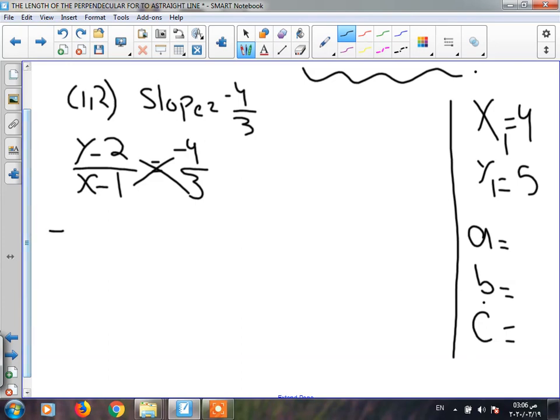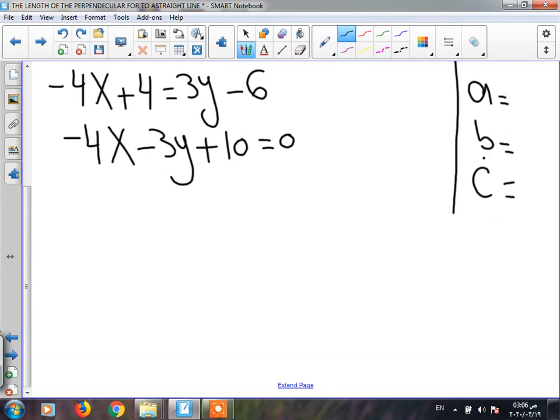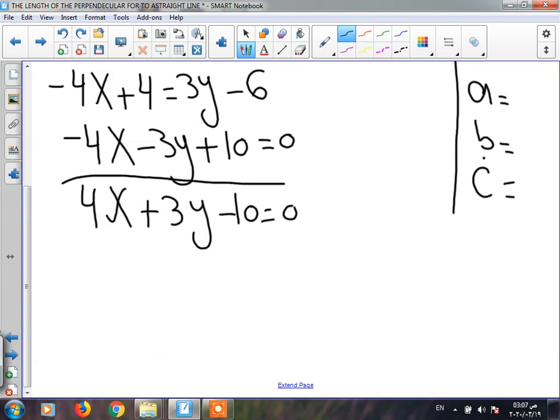It will be negative 4x plus 4 equals 3y minus 6. Move to the other side: negative 4x minus 3y plus 6 plus 4, which is positive 10, equals 0. To make it easier, multiply by negative 1: 4x plus 3y minus 10 equals 0.